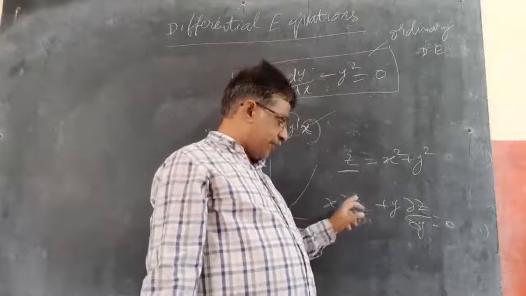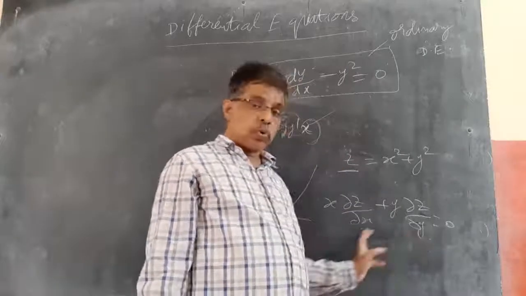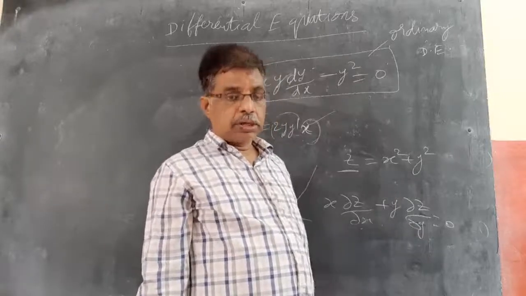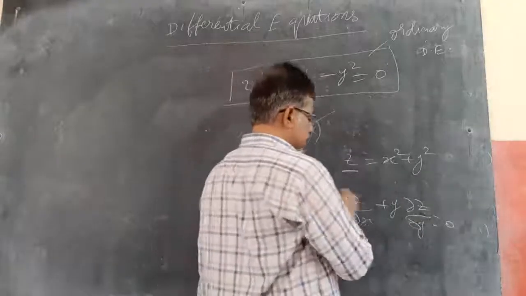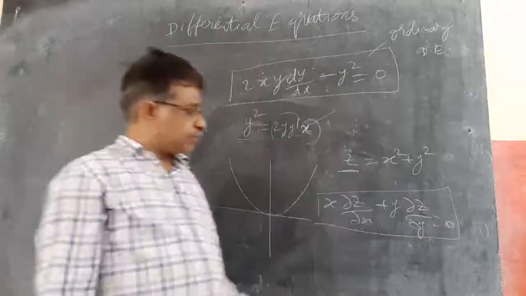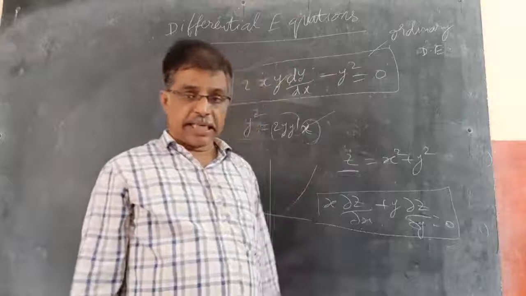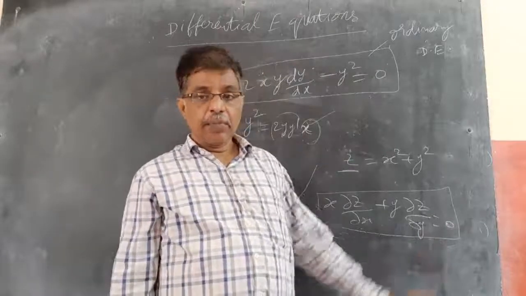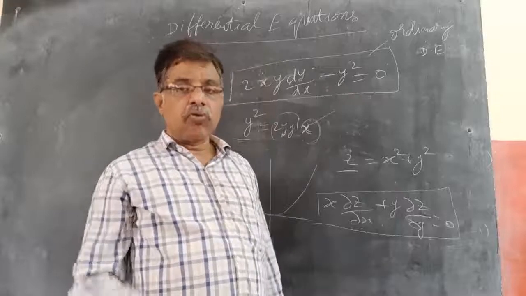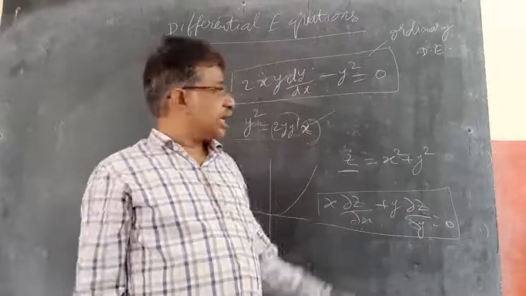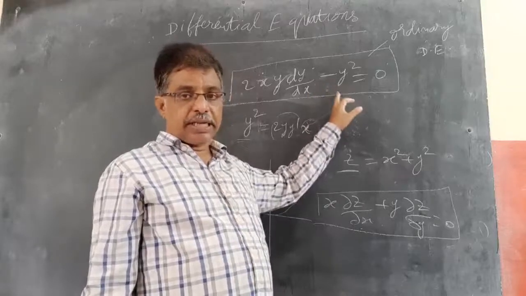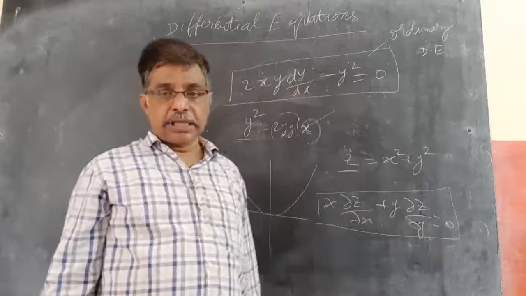A differential equation which involves more than one independent variable is called a partial differential equation. A differential equation which involves only one independent variable is called an ordinary differential equation.